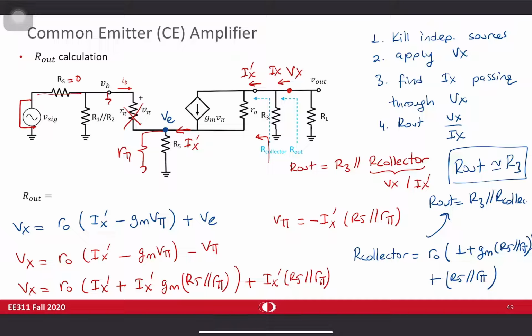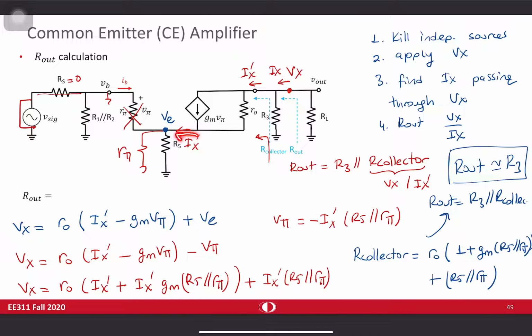But now for R out, I am looking from here, and this current source is already appearing in the expressions, like this one. At this point, the circuit is like a regular 201 circuit. You cannot make any reflection. You cannot put the relation between here and here. You don't need to, because that effect is already included when you put this into account.